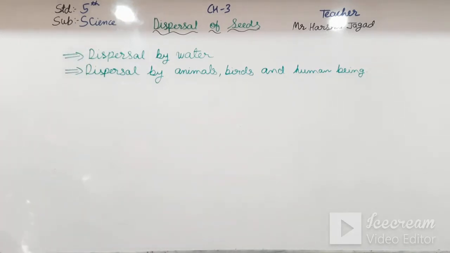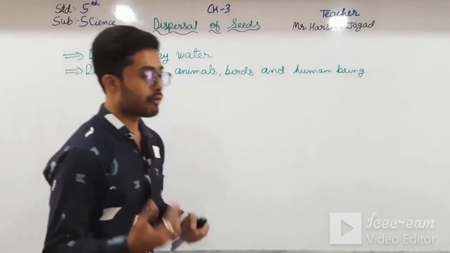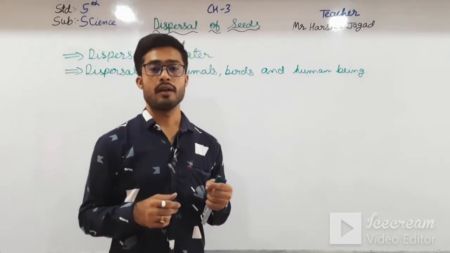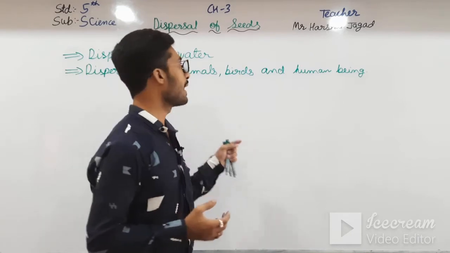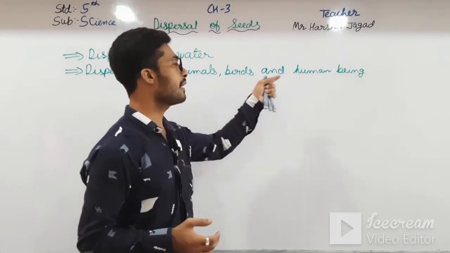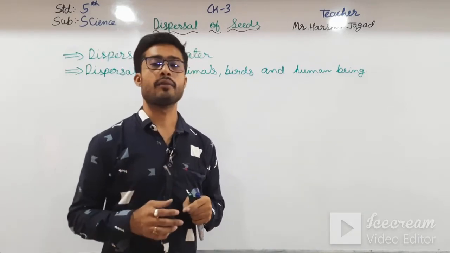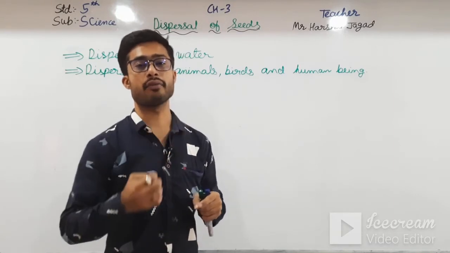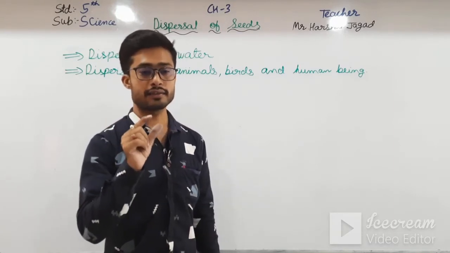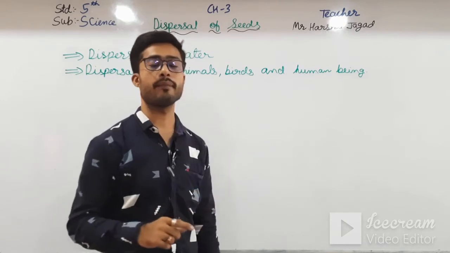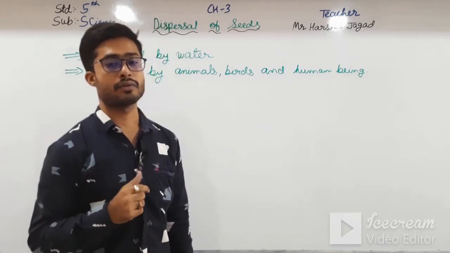In this, what happened? The ripened fruit is taken by the animals, birds and human beings, and then what happened? They eat that fruit and throw the seed far away from that place. So what will happen?